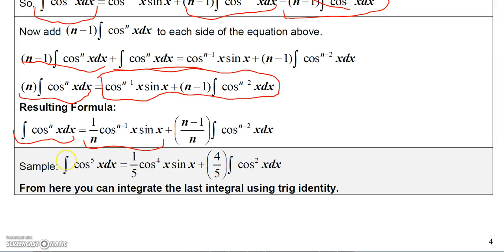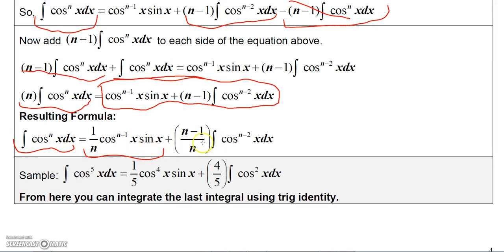So let me just show you how that would work. Now that we have this formula, we can see how it works. So if I have cosine fifth x, well then of course n would be 5, right? So using that formula, you'd have 1 over 5, cosine of n minus 1 x, so that'd be cosine fourth x, and then times sine x.